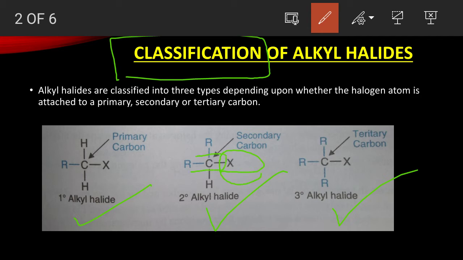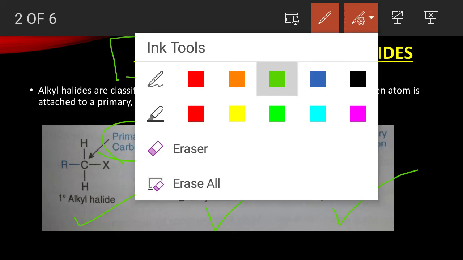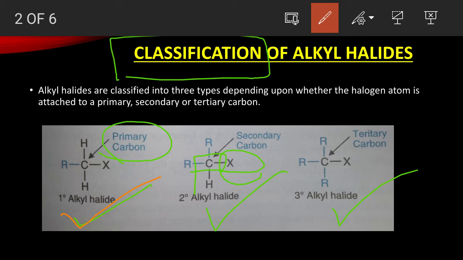If the halogen atom is attached to the primary carbon atom, it is called a primary alkyl halide. If it is attached to the secondary carbon atom, it is called a secondary alkyl halide. If it is attached to the tertiary carbon atom, it is called a tertiary alkyl halide.